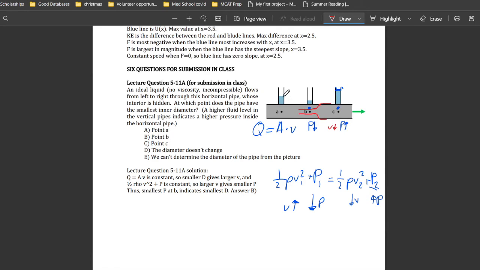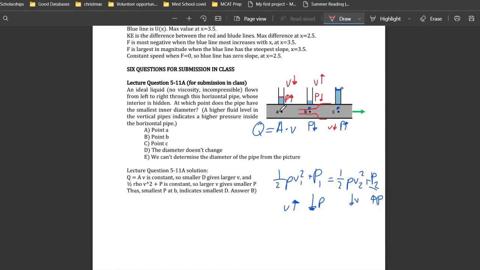Now let's go back to point A. The liquid in the vertical pipe is higher at point A than it is at point B, which must mean that the pressure is higher at point A than it is at point B. So pressure is lower at point B compared to point A, which would then mean that the velocity at point B is greater than the velocity at point A. So relatively speaking, as we move from point A to point B, the velocity increases, but the pressure decreases.